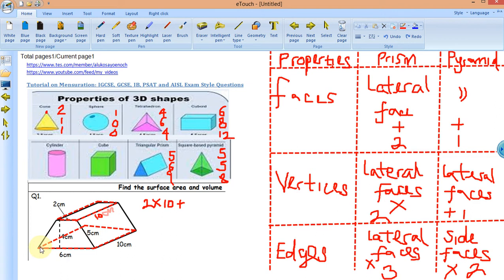So you see 10, 10, 6, 6. Let me undo that. Okay, so that's a good one. So now the bottom is 6 by 10. So I have the top and the bottom now, 6 by 10.